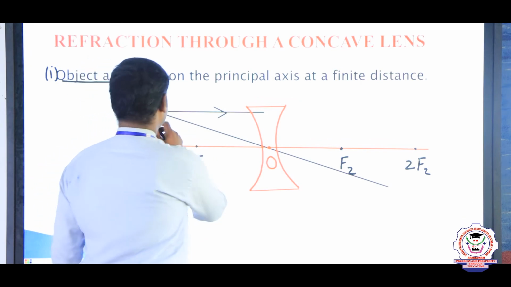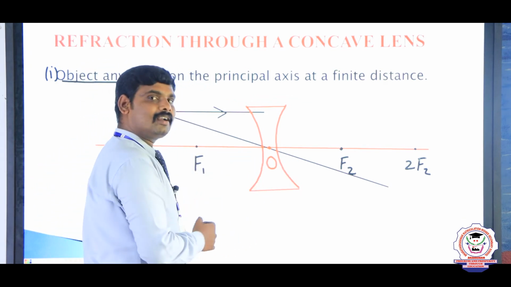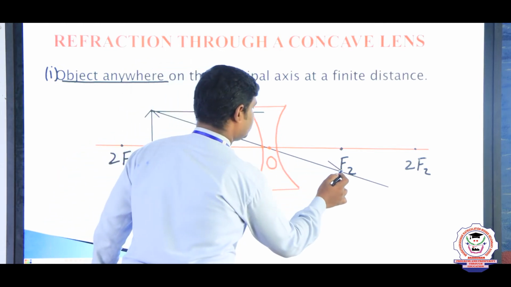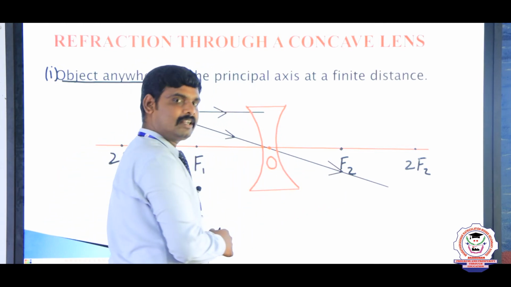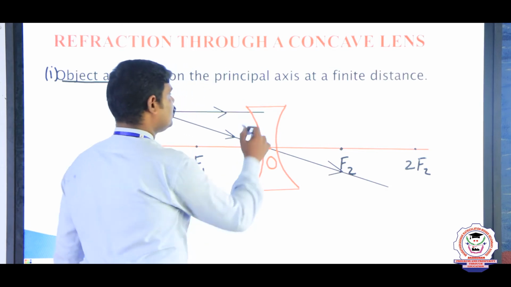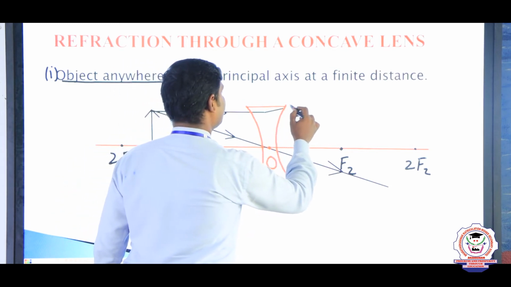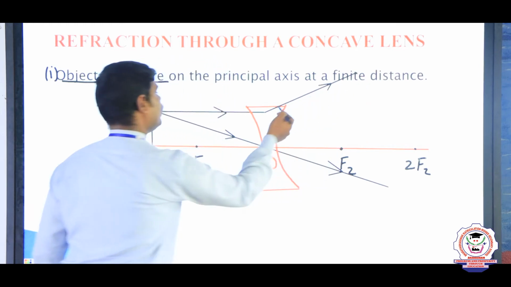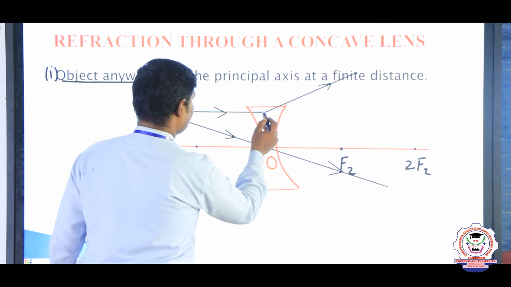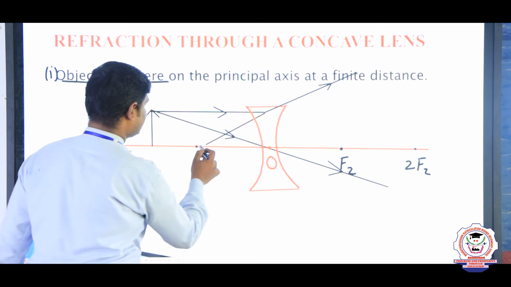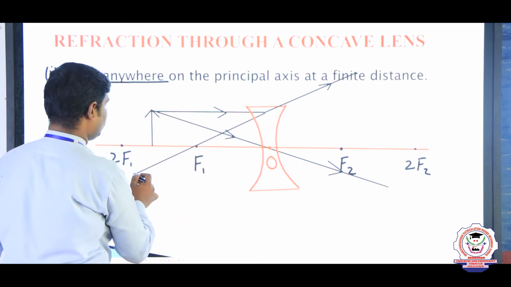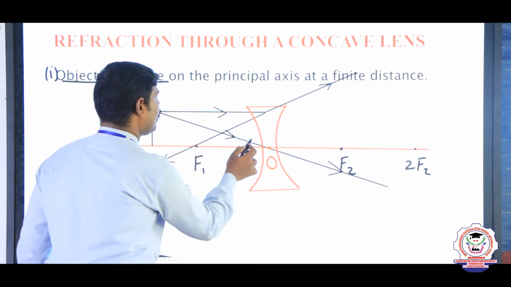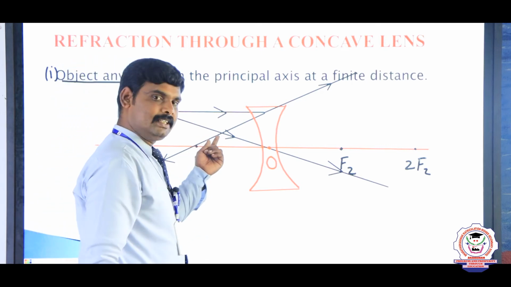So here this line is not deviated, and this one is refracted. Here the ray diverges, yes, but when you extend this line, it passes through where? Focus, right?